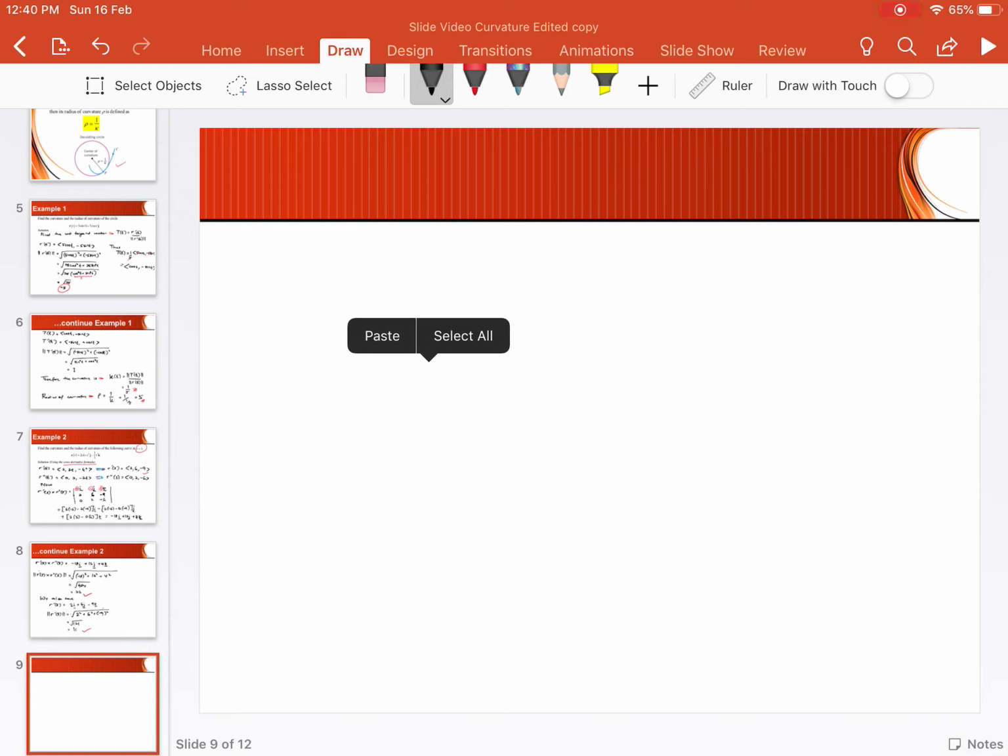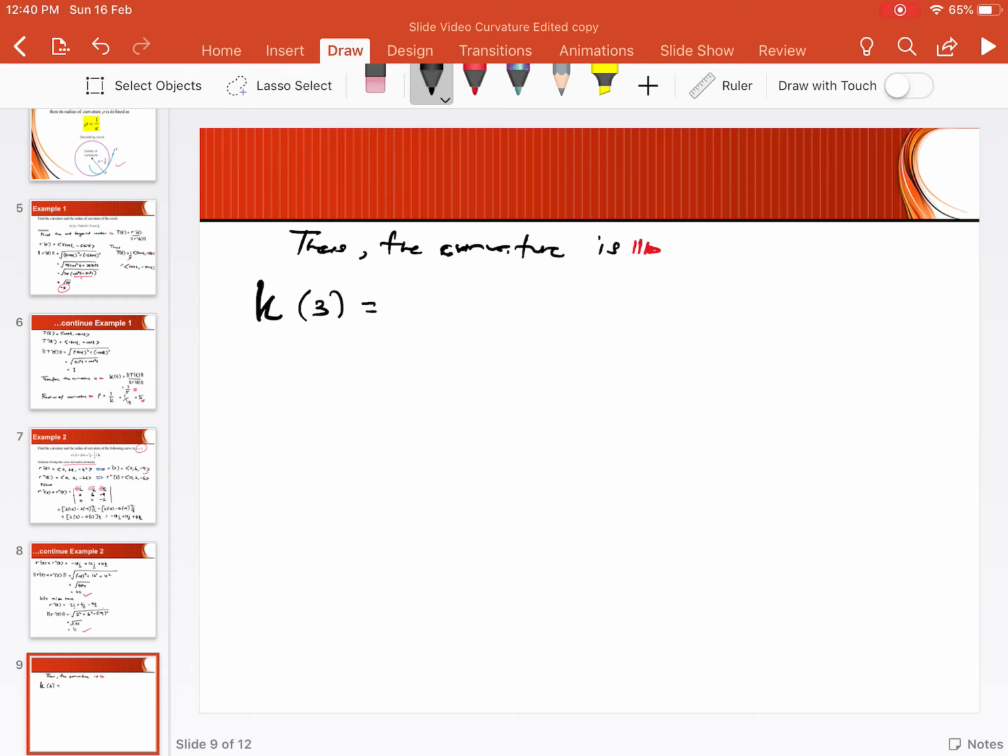Thus, the curvature, okay, the second formula, at t equals 3 is equal to the magnitude of r prime 3 cross r double prime 3, divided by the magnitude of r prime 3 to the power of 3.